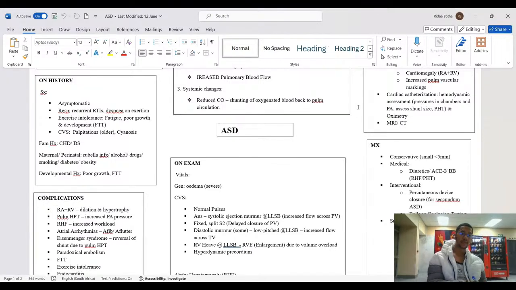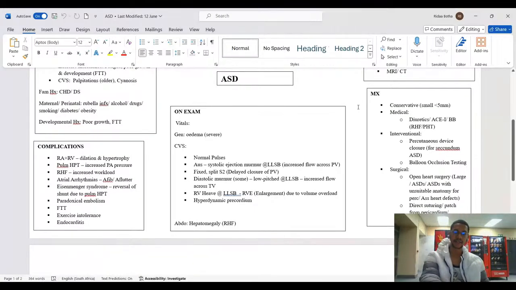Okay, this should also include family history, and then maternal or perinatal conditions, and then developmental history, failure to thrive.